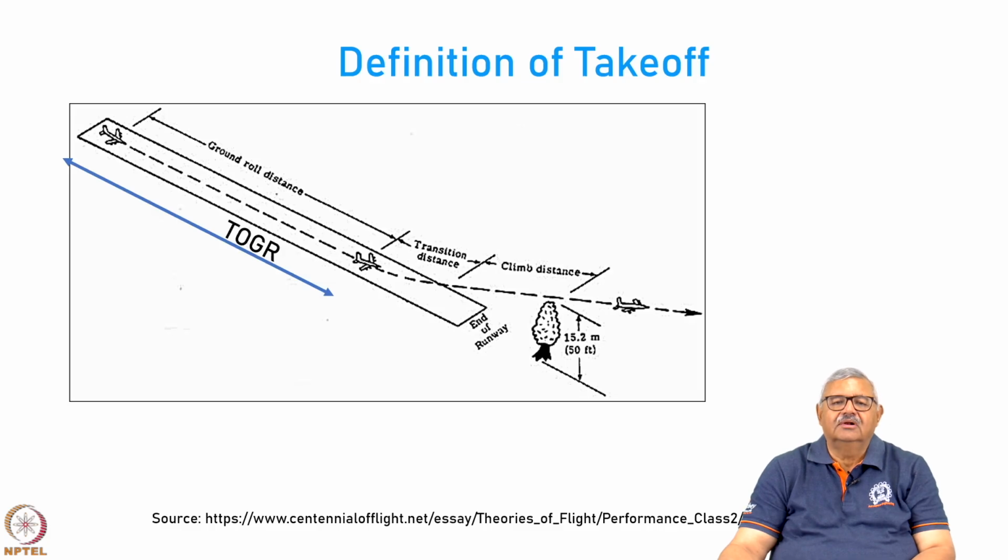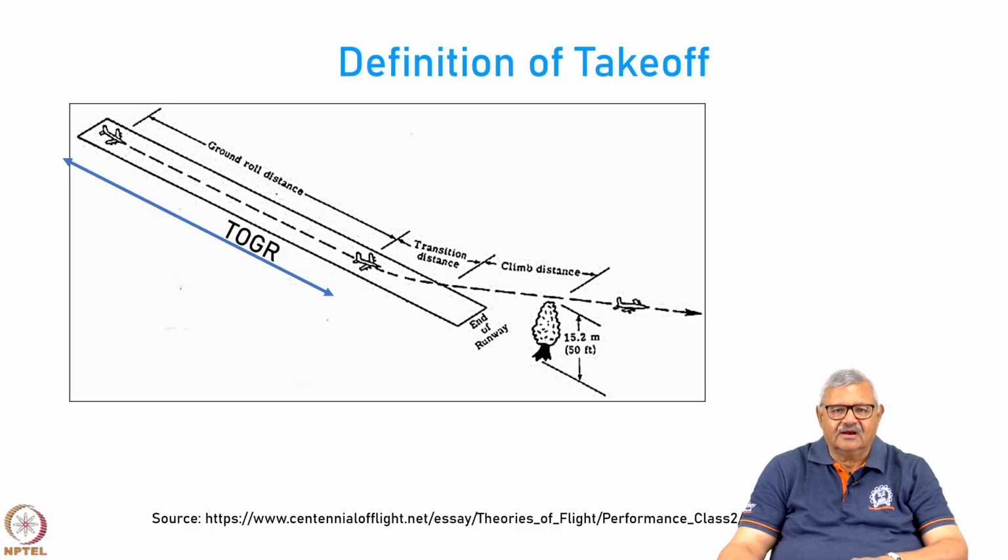But as you know, even when the aircraft nose wheel lifts up, the tail wheel is still rolling. In case of a tail wheel type aircraft, the main wheel is still rolling, and then once you leave the ground, there is a transition distance.